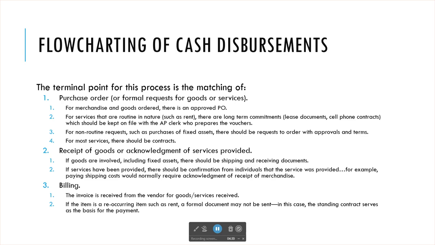We have a process where we are matching up the purchase order, which is really the approval to make the purchase, the receipt of goods or acknowledgement of services, which comes about from either a receiving report or someone saying, yes, the service was provided. And then we have a billing, and this is what I've referred to as our three-way match.